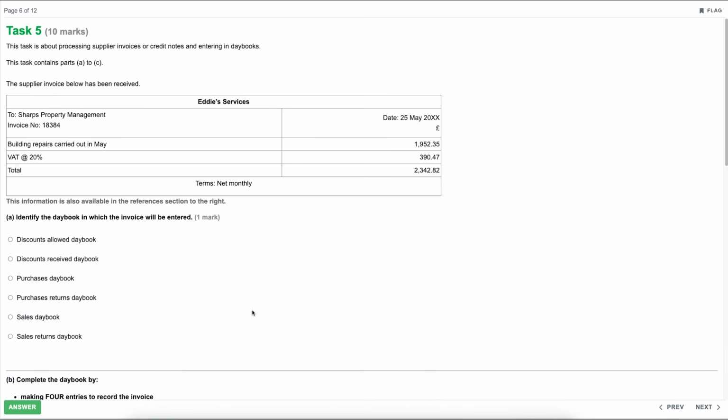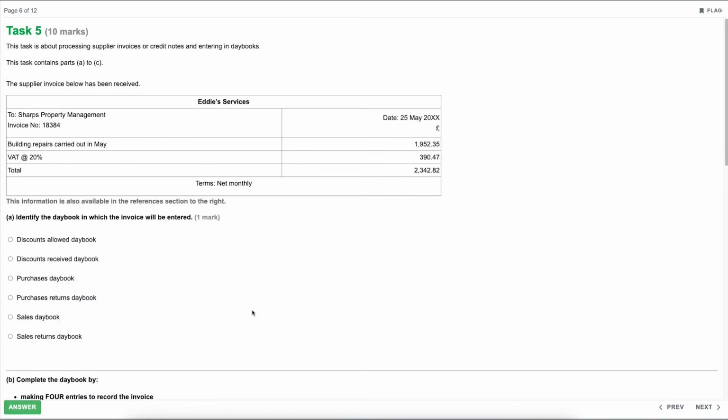Part A then, identify the daybook in which the invoice will be entered. So this is for 1 mark. Now bear in mind, this whole task is about processing supplier invoices. So this is purchases. Okay, it's items or services that we have purchased as a business.